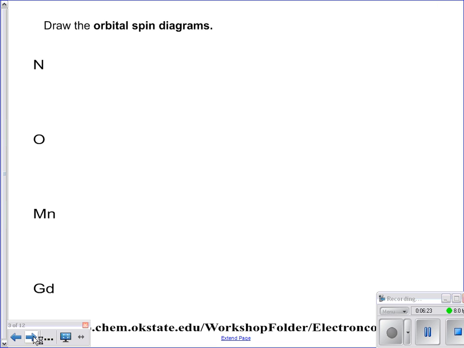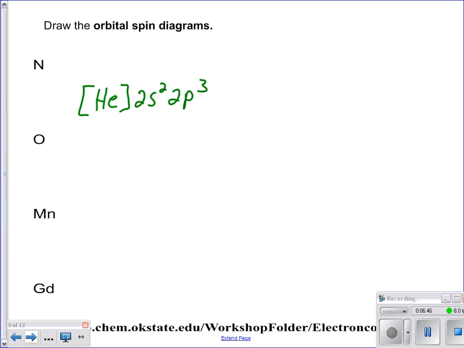So if I were to look at nitrogen, it's not really a big help to us to use a shortcut, but if I were to do the long method, nitrogen, 7 electrons, it would be 1s2, 2s2, 2p3. My shorthand method, instead of saying 1s2, I would just show my helium, and then after that is 2s2, 2p3.